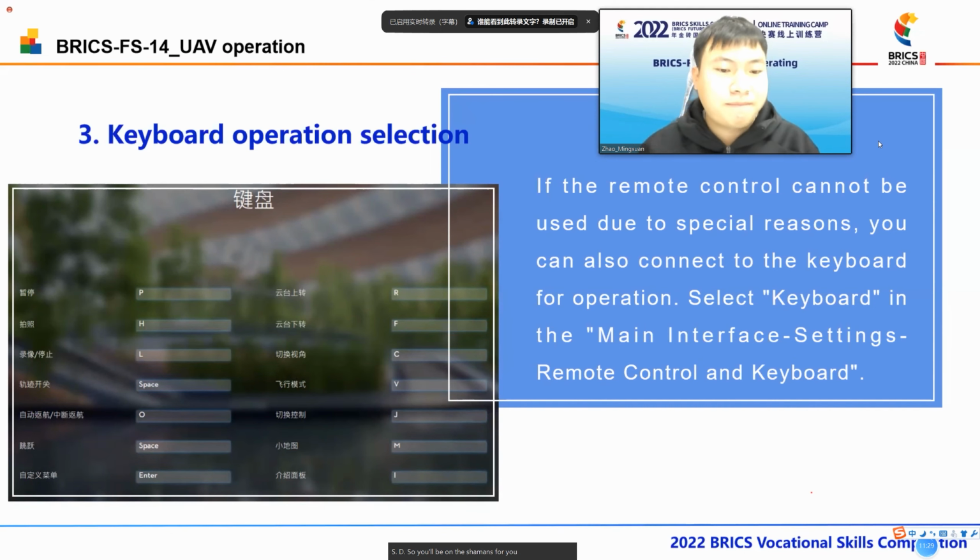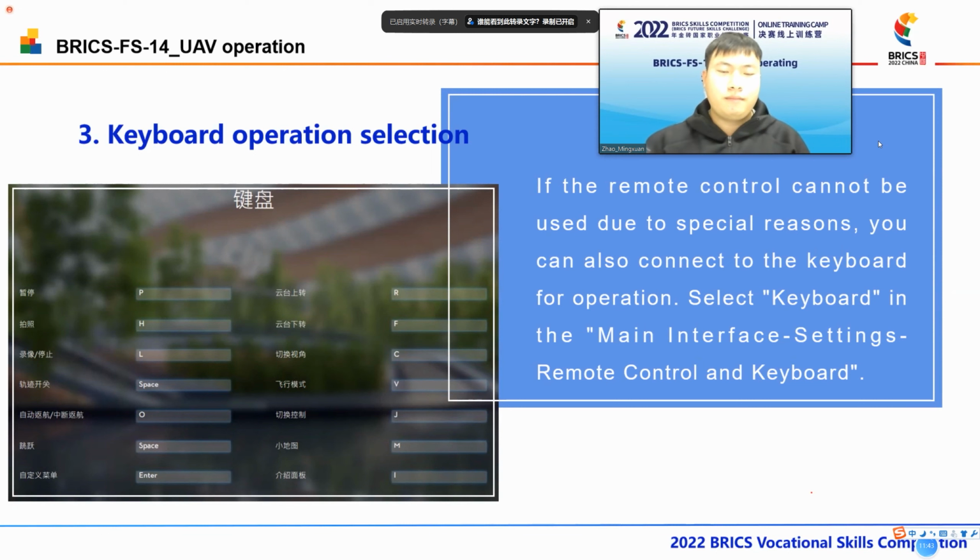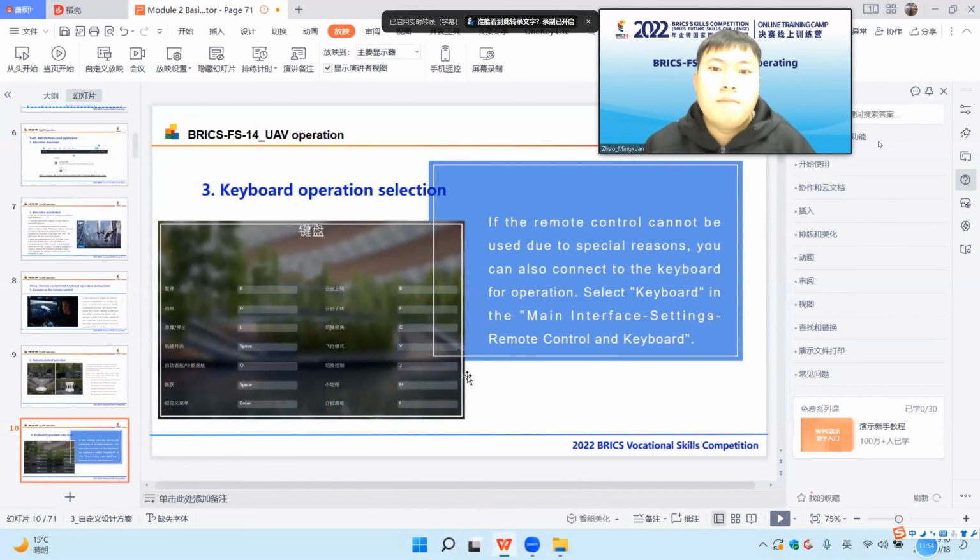F is the PTZ down key. C is the angle switch key. V is the flight mode switch. And J can switch the control. M is to open the small map. I is to introduce the panel. WSAD and up, down, left, and right keys are used to replace the two rocker bars of the remote control, respectively.